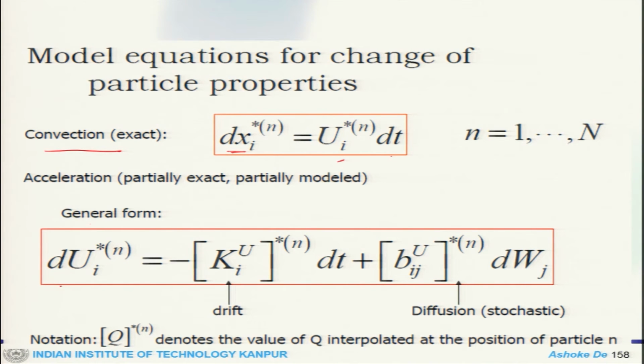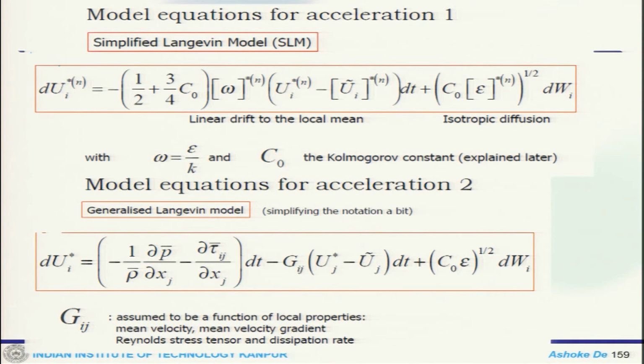The general form of the change of velocity would be because of the drift and the diffusion. This is the Wiener process. This process is completely stochastic, and the drift can also be estimated with different stochastic models.